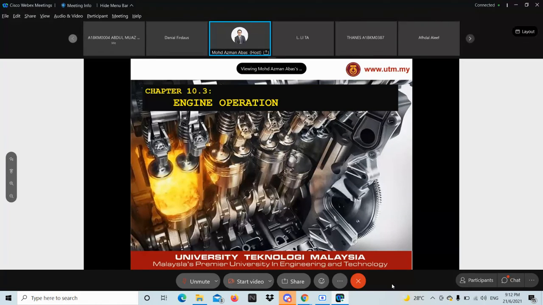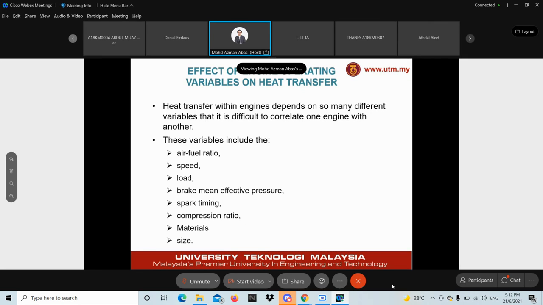Yes, yes. Okay, moving on to engine operation. We're going to cover some of the operations of an engine. The effect of engine operating variables on heat transfer within engines depends on so many different variables that it is difficult to correlate one engine with another.